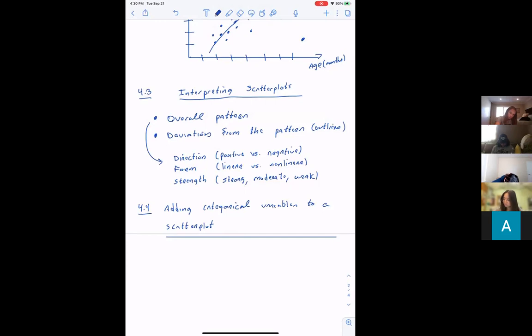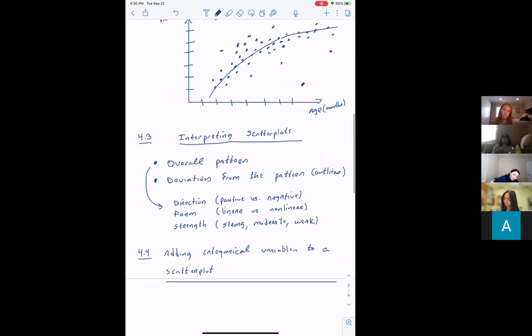Okay, you cannot have a scatter plot unless they are quantitative. What we're doing now is not replacing them with a categorical variable. What we're doing now is adding some feature to our scatter plot.